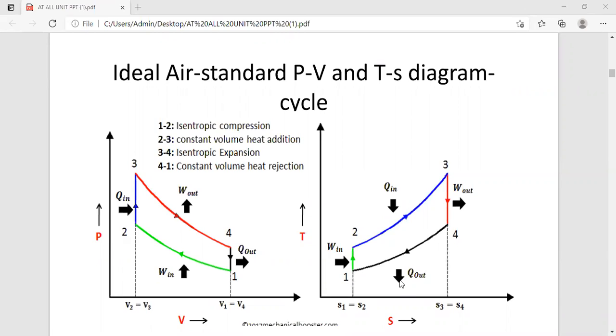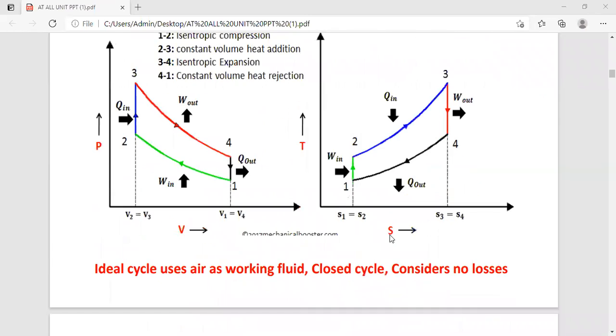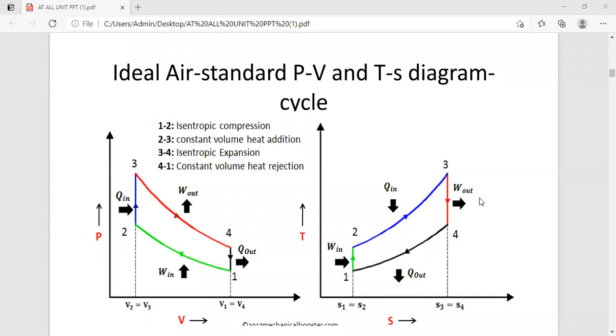So there is a heat rejection during this process. So the total process 4 to 1 is called a constant volume heat rejection. And this is the ideal air standard PV and TS diagram representation. So have you any difficulty regarding this?